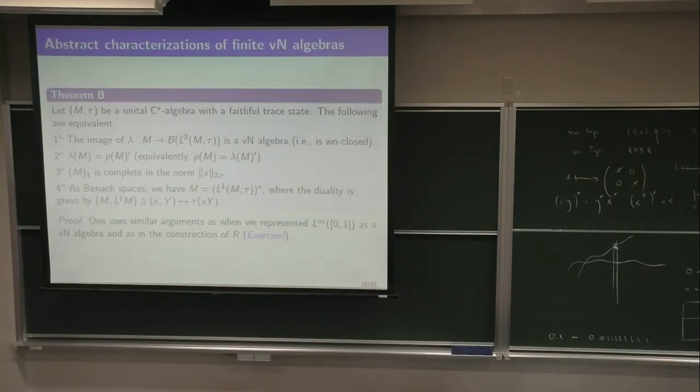So the reason I stated those was because I was keen on formulating this theorem, which is the abstract characterization of finite von Neumann algebras. This was a big problem in the 50s. It's been said that Gelfand and Naimark were working on this problem when they found the axiomatization of C-star algebras, what we call today C-star algebras, the norm closed ones.